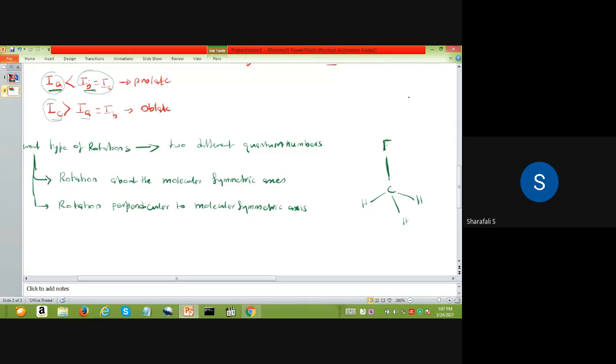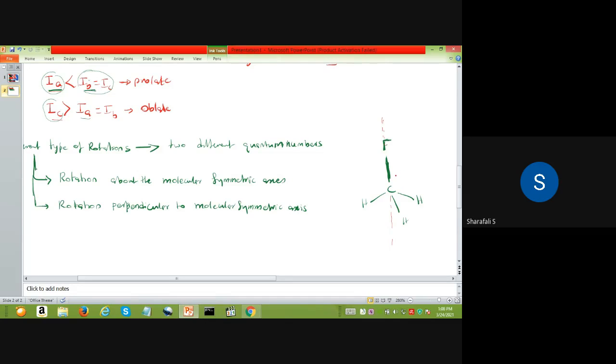Okay, so if you are considering an axis, with respect to that axis the molecule has to be symmetric. If you consider this particular axis, the molecule will be symmetric about that axis. And in that case, you have rotation.